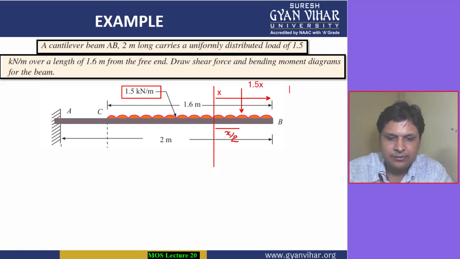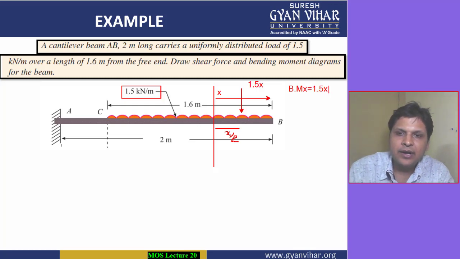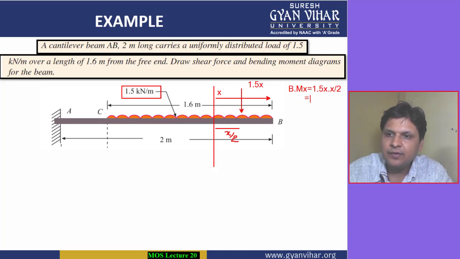How will we write the equation? Bending moment at any section x will be equal to 1.5 into x, which is the load. And what is the distance of this load from this section plane? The distance is x by 2. So we will multiply with x by 2. What we will get is the equation equal to 1.5 x square by 2.